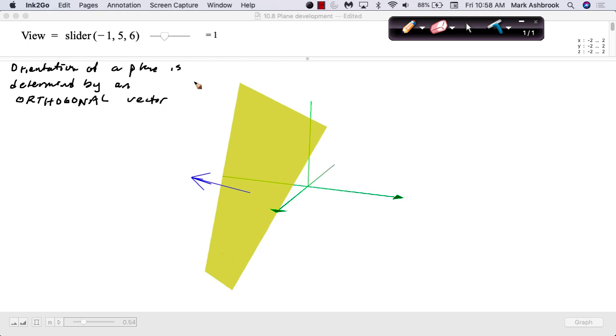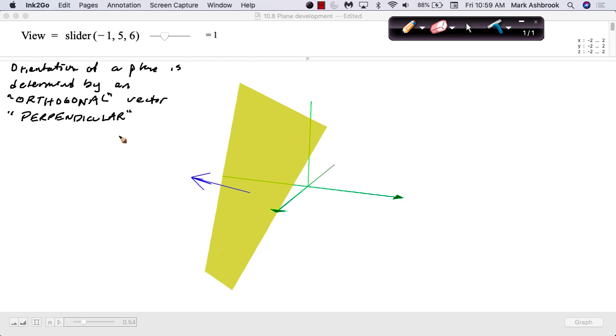What's another term besides orthogonal we could say? Perpendicular. And then there's another one. Yeah, normal.